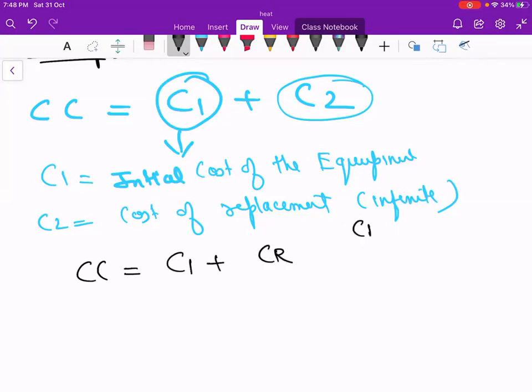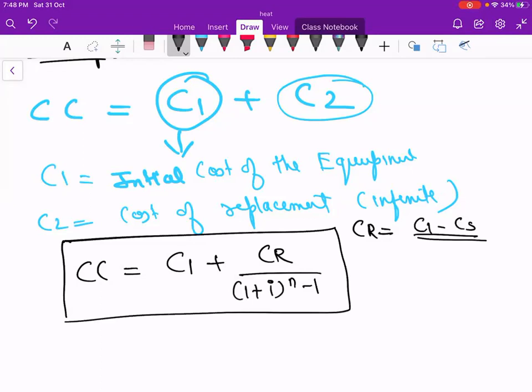What is CR? CR equals (C1 minus CS) upon (1 plus i) to the power n minus 1. Here you are deducting the scrap value. So this is the formula for capitalized cost.